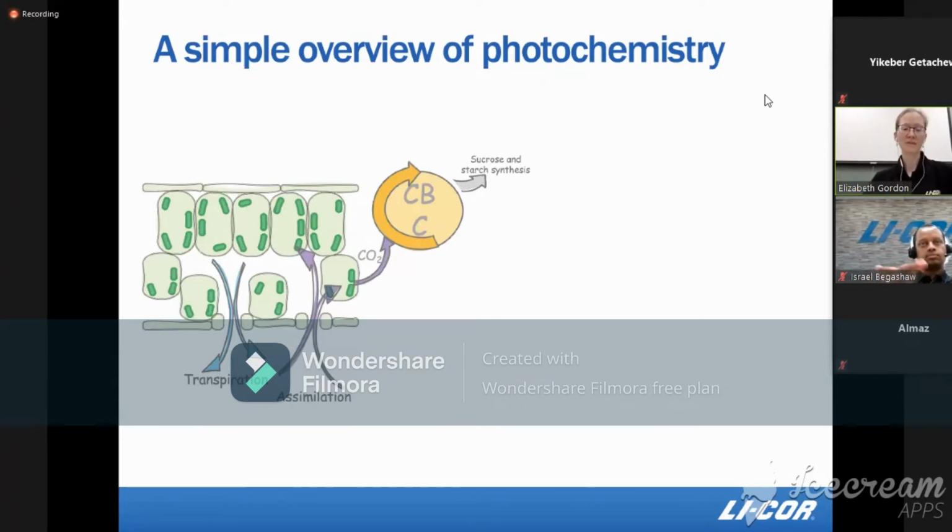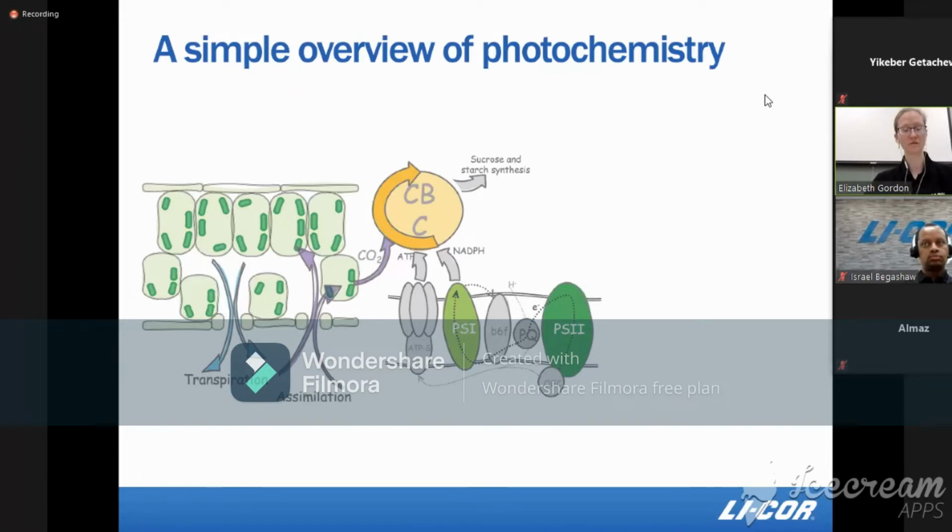The Calvin-Benson cycle requires ATP and NADPH. We need ATP and NADPH to continue that process. We get the ATP and the NADPH from the light reactions of photosynthesis, which you might see referred to as the Z-scheme.